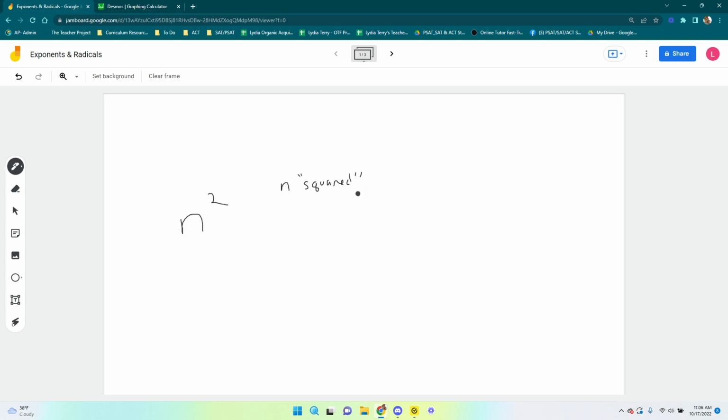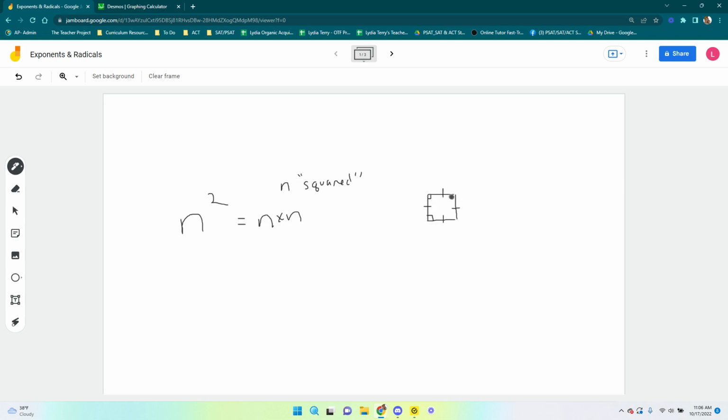Why? I want you to think about that. Why do we say n squared? Well, let's think about the shape square. A square is an isosceles parallelogram.